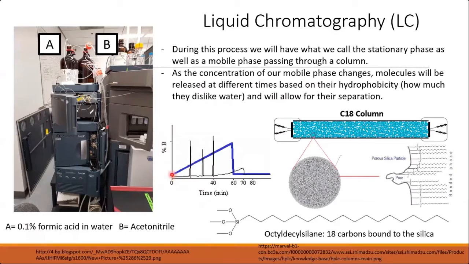If it's low B, that means we have more of the A solution. Here we will be changing from more A towards more B solution. This causes our sample to be attached to the front of our column. As we change the concentration, this will start moving the molecules at different times, based on their hydrophobicity. If the molecules don't like water, they'll start moving first and they will follow each other. This will then allow further separation.